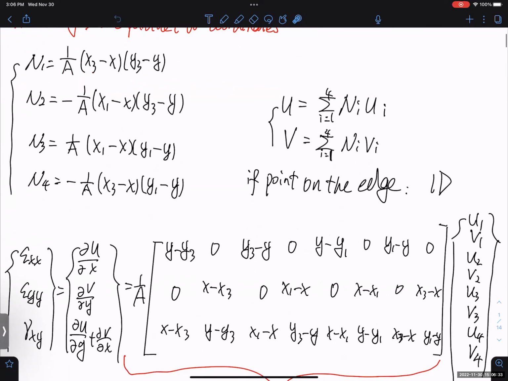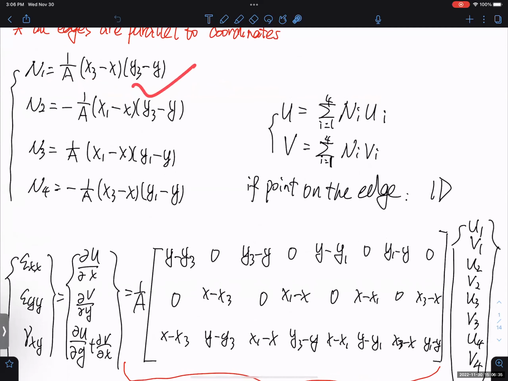So for the interpolation part, the shape functions. We can use them for interpolation of u and v, the displacement in the x direction and the displacement in the y direction. I normally don't put this in the equation sheet, and previously students complained about why this is not provided.